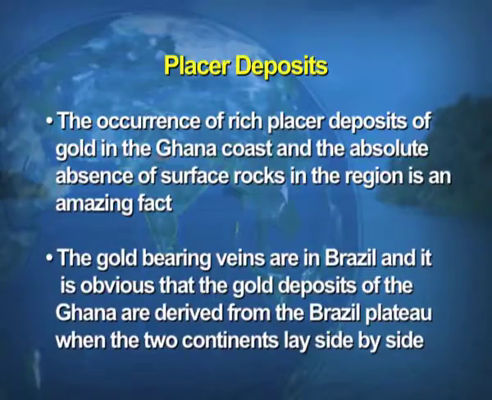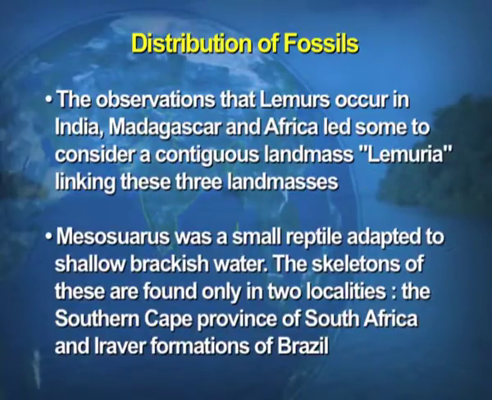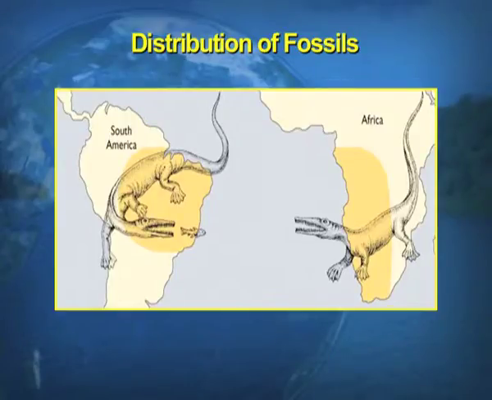Placer deposits: the occurrence of rich placer deposits of gold in the Ghana coast, and the absolute absence of source rocks in the region, is an amazing fact. Fossils have also been found across India, Madagascar and Africa, and they are also considered to have striking similarities.